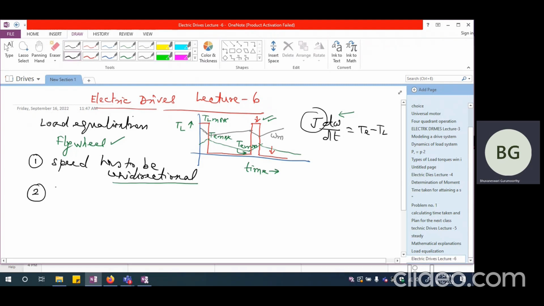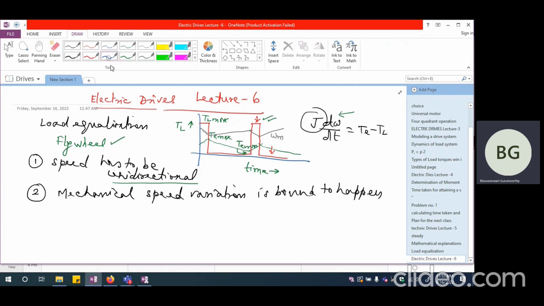So if your system cannot tolerate mechanical speed variation, which is bound to happen, it should be able to withstand any variation in the speed. If it cannot withstand variation in the speed, then you cannot be using this kind of flywheel mechanism.